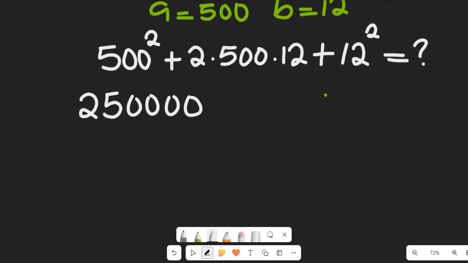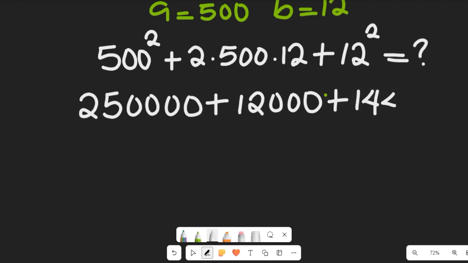This would be plus 2 times 500 is 1,000, and 1,000 times 12 is going to give me 12,000. So I'll have that become 12,000, and 12 squared is going to give me 144. So the summation of all this will give me that value.